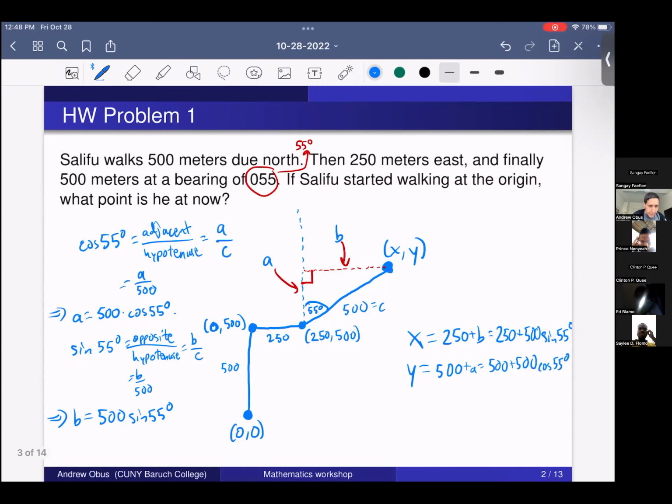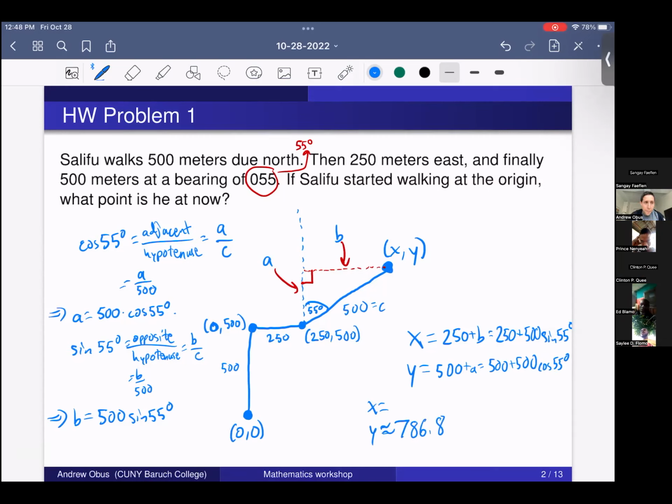And so what we end up getting is that Y turns out to be 500 plus 500 cosine 55 degrees, which is 786.8 roughly.